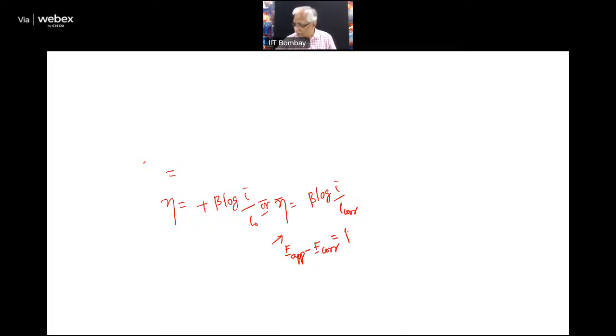Now you have the value of I by I corr. I corr corresponds to this particular potential, and this is the value that you're looking at corresponding to 10 mpy, while this corresponds to 200 mpy. So you know this value; it is equal to 60 millivolt per decade.